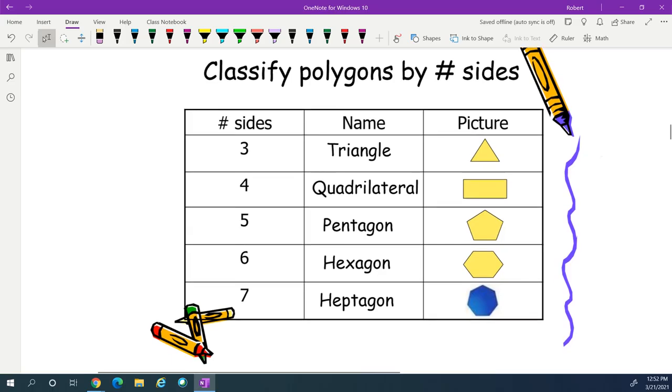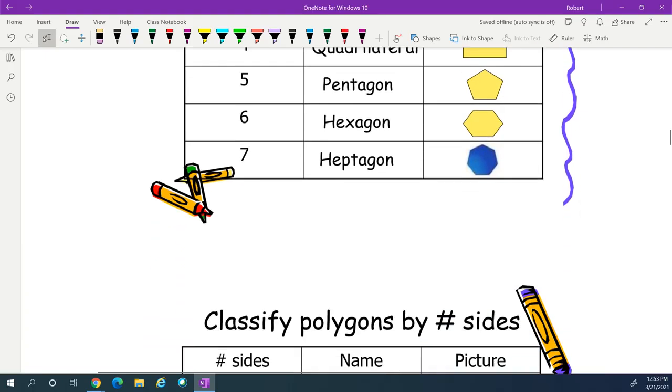We also have some vocabulary for the names of these shapes, or classifying these polygons based on the number of sides, the smallest one being a triangle, the next being a quadrilateral, and it goes on from there. So you can certainly read the next two slides and get very familiar with the names of these polygons. Now, they've all got names, but we're only going to go up to a certain point. On our first slide here, it goes up to 7, a heptagon.